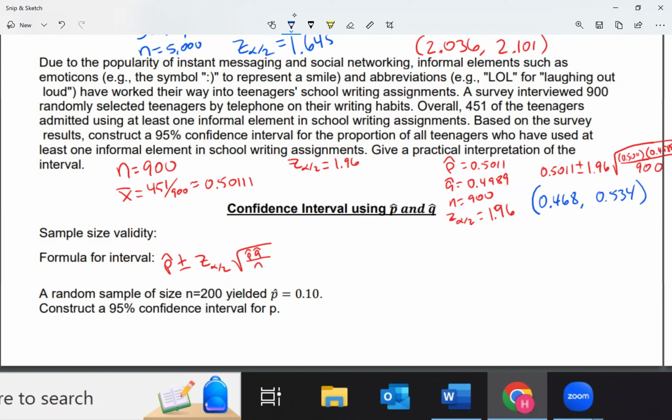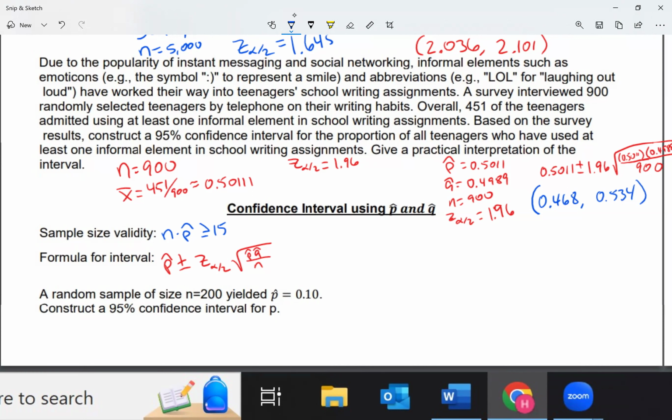In order to be able to use it, I have to go n times p hat. In the previous example, n is 900, and this value has to be more or equal to 15.